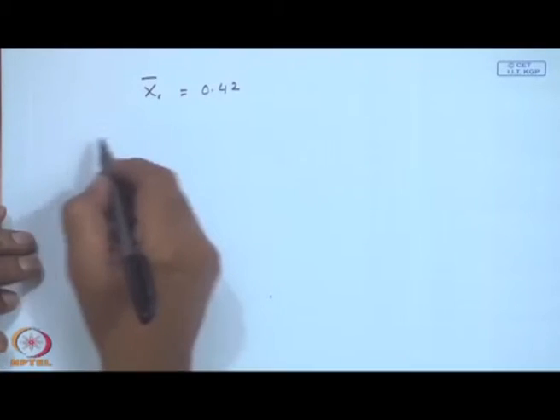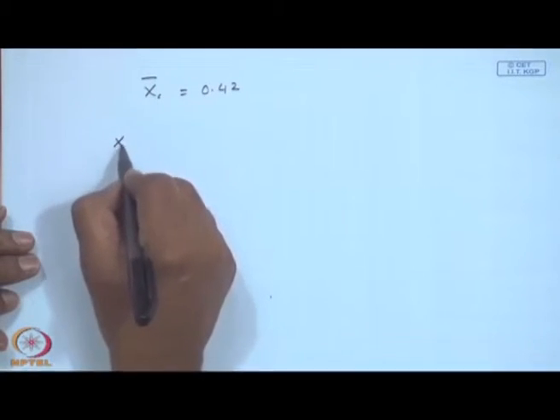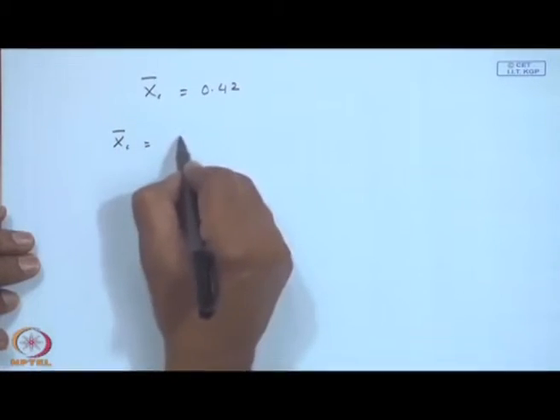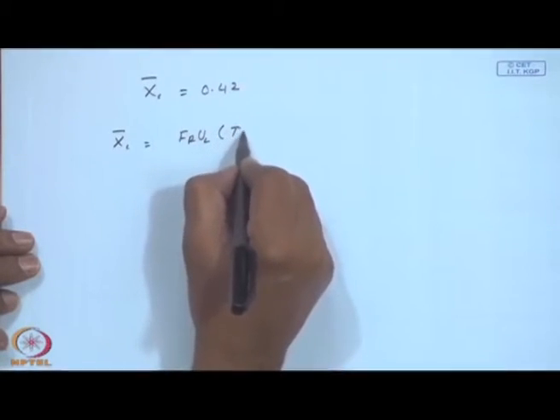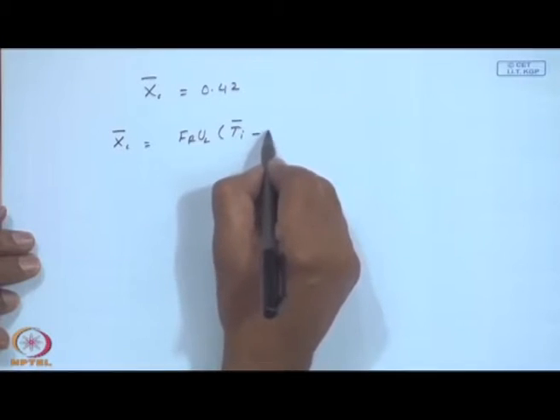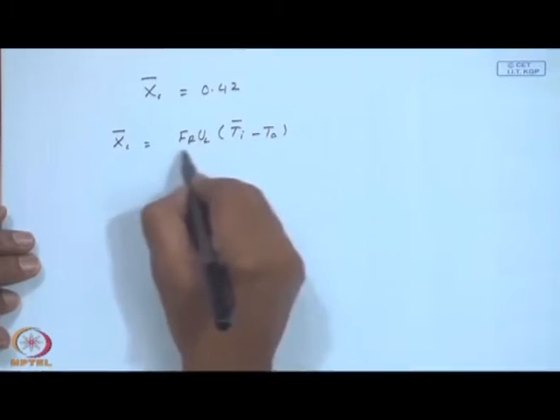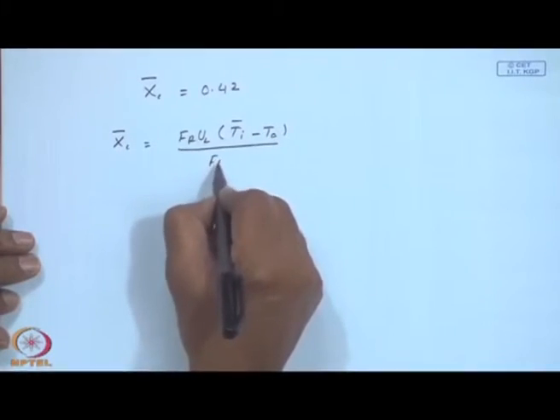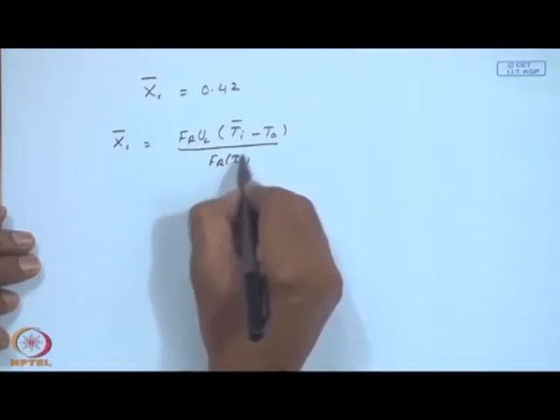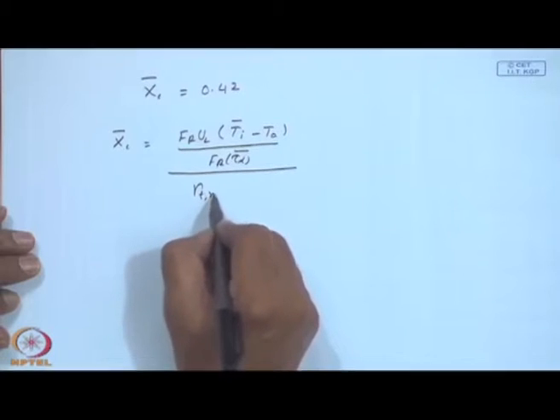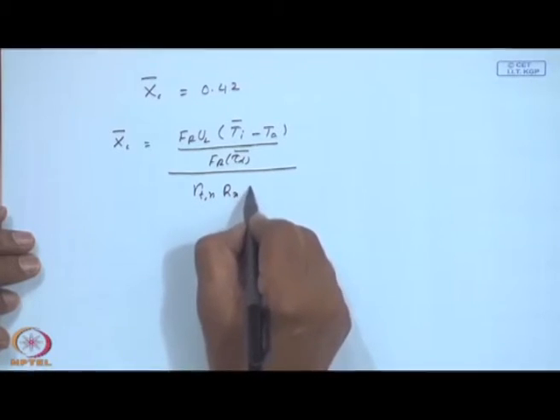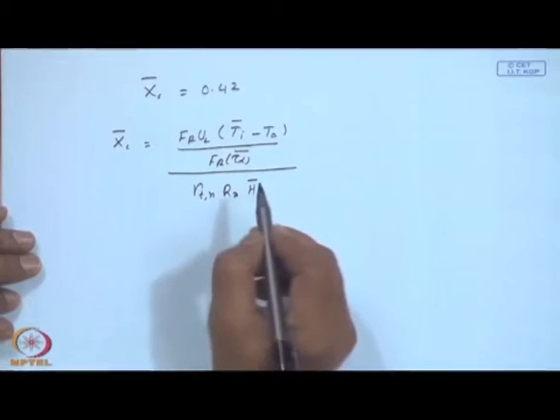So, x c bar equals F R U L into T I bar, the average inlet temperature, minus T A, by F R tau alpha bar by R T N R N H bar.